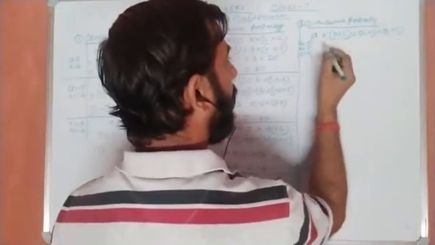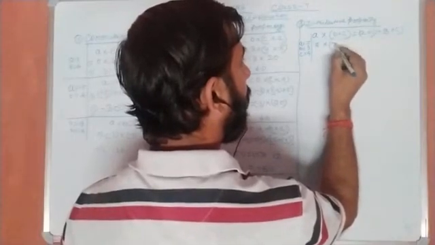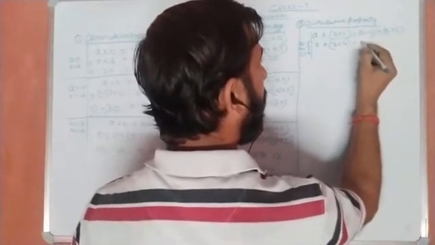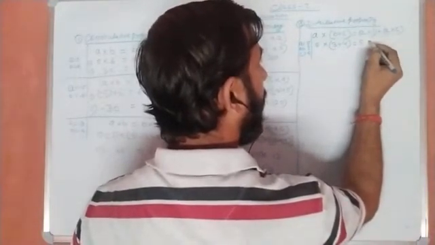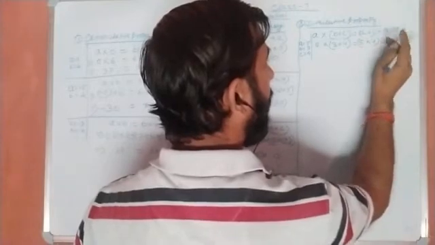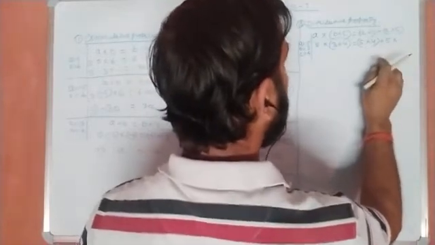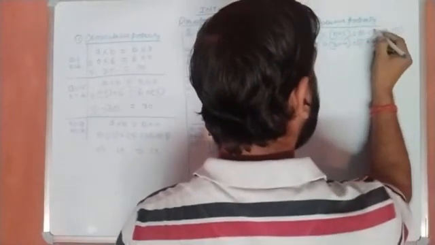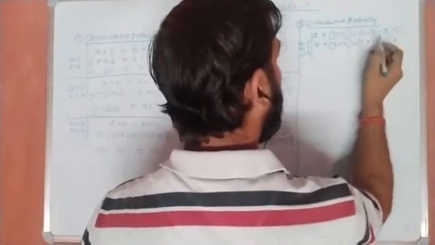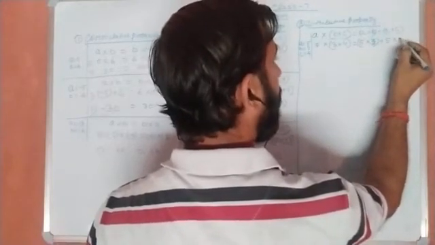So A into B plus C, that is 5 into the bracket 3 plus 4, equals A into B plus A into C, that is 5 into 3 plus 5 into 4.